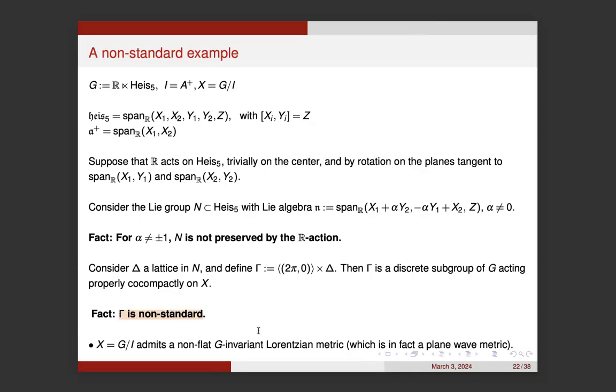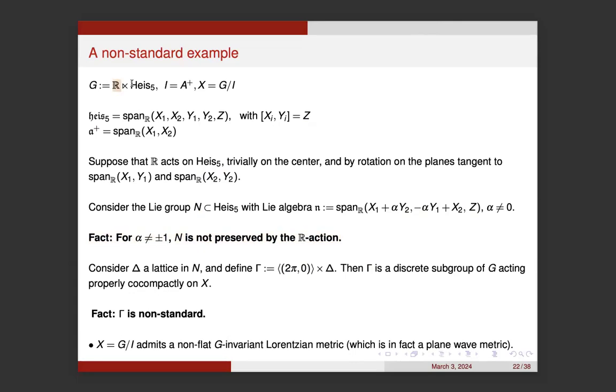The non-standardness of gamma follows precisely from this fact. Because if gamma is standard, then gamma is a lattice in some Lie subgroup L of J. And this Lie subgroup L of J, because it acts co-compactly, will have a non-trivial projection to the R component.